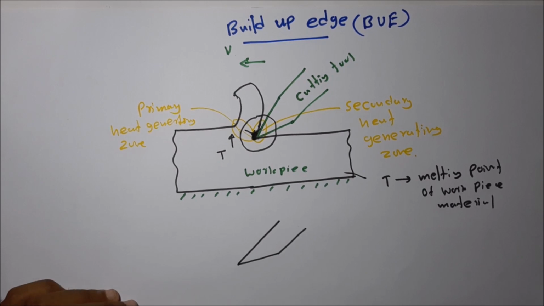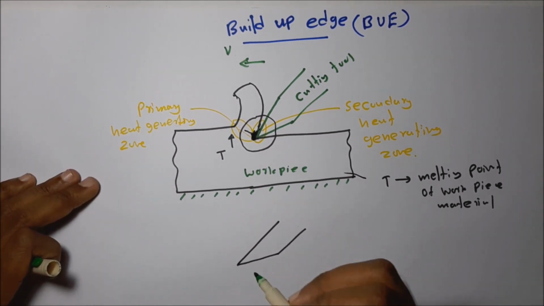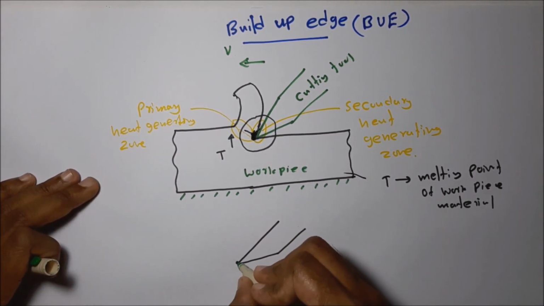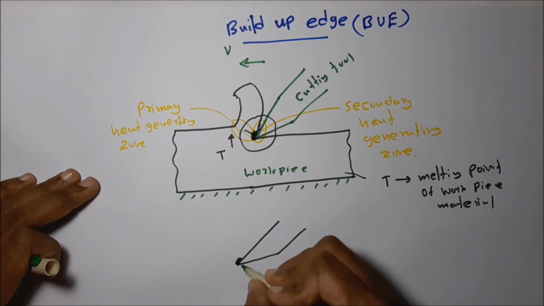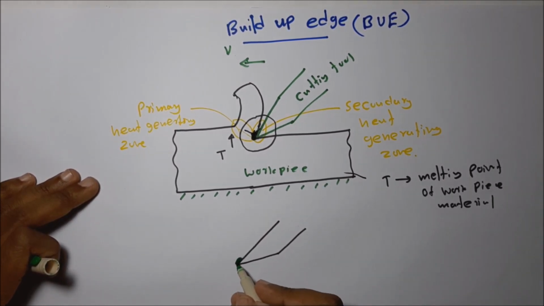The material closer to the tool tip melts and is welded to the tool tip. Then because of this welding nugget, the tool tip becomes blunt.